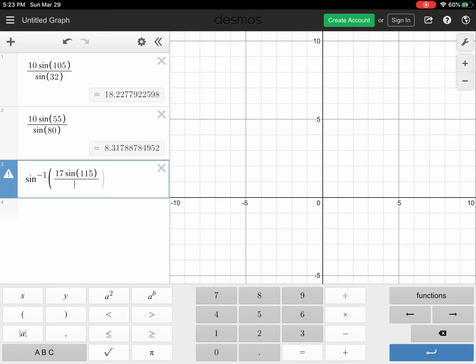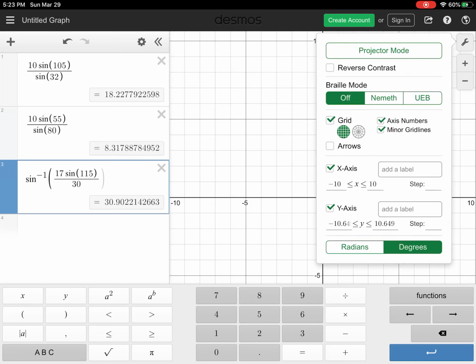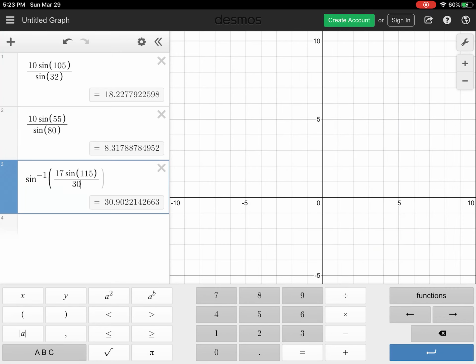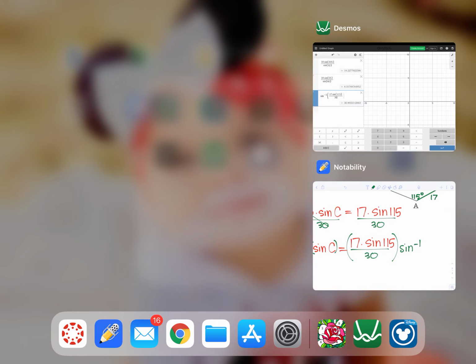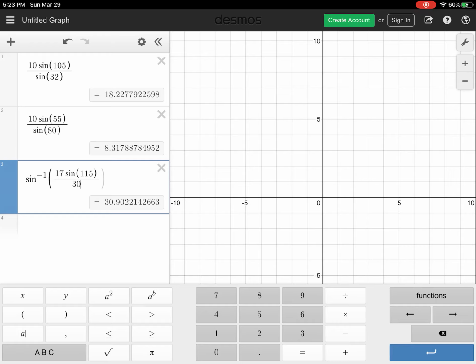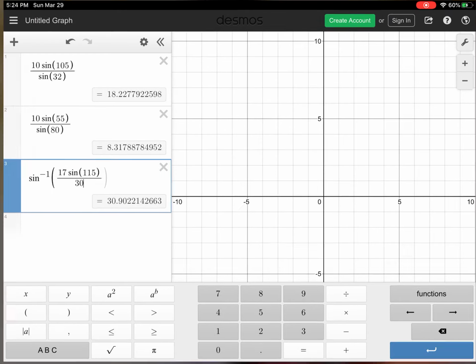So sine inverse of 17 times the sine of 115 divided by 30. Now we are looking for an angle measure. Let me make sure I'm still in degrees. And we should get 30.90.